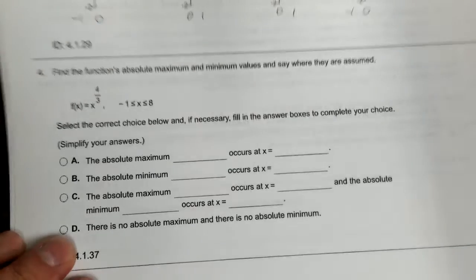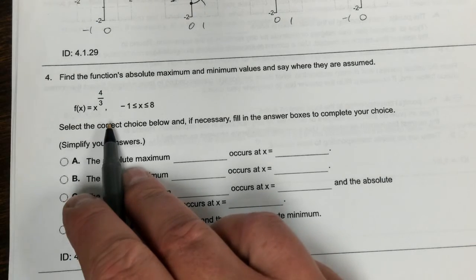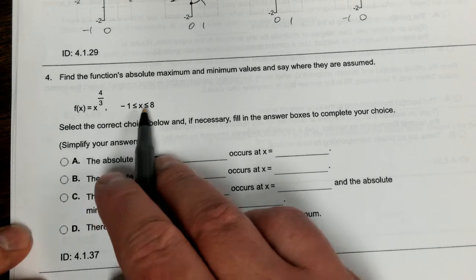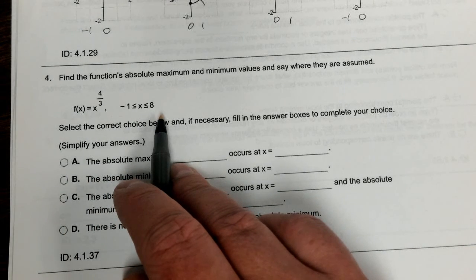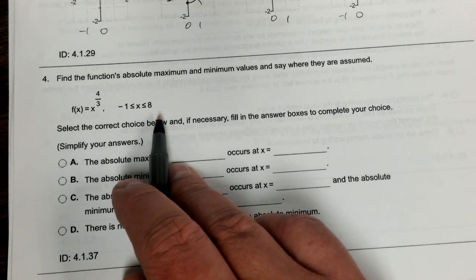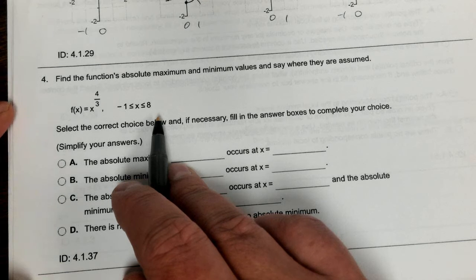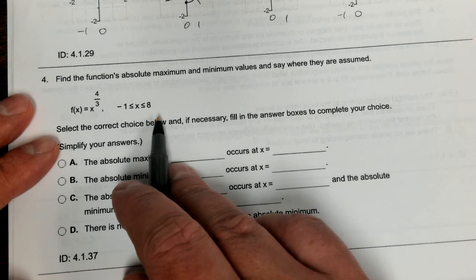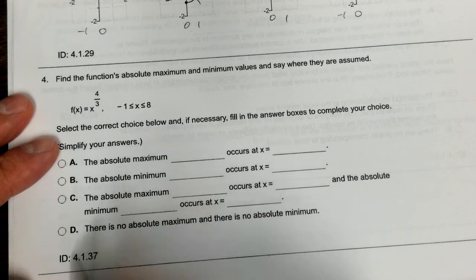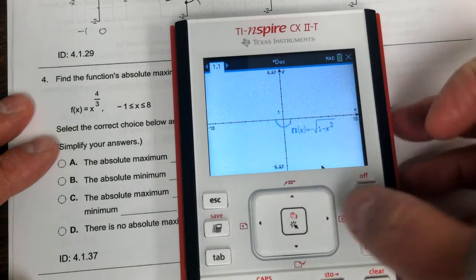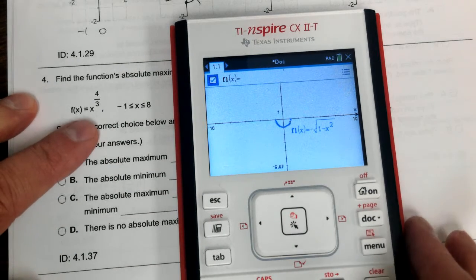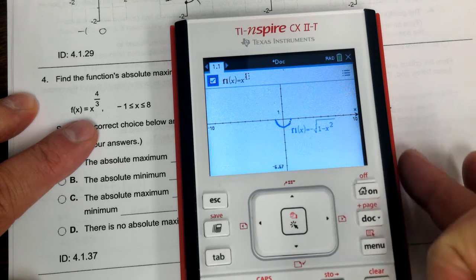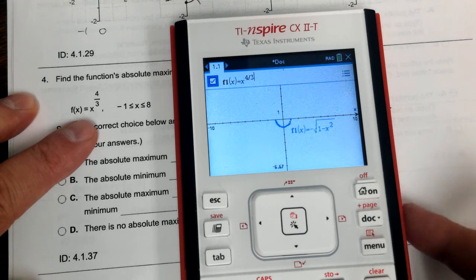Okay, on the next one we have x to the 4/3, and we have negative 1 to 8. So on this one, we're going to want to graph it. x to the 4/3.